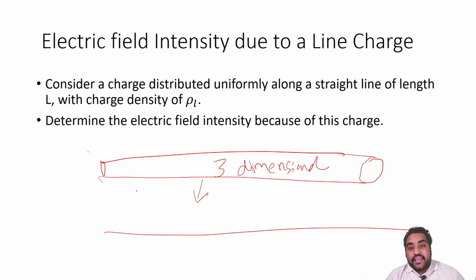In fact, it might be quite possible that the cross-sectional area of this optical fiber is much less than the cross-sectional area of this wire. Still, the optical fiber would be considered three-dimensional, whereas the wire would be considered one-dimensional.